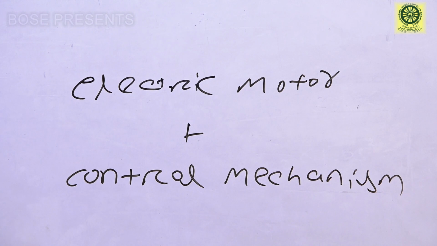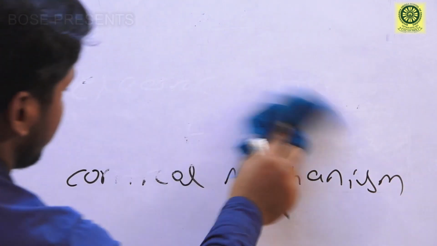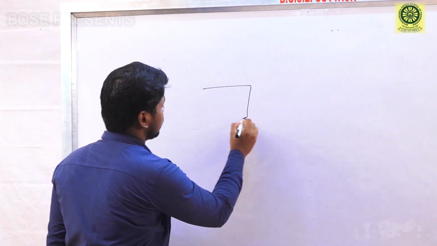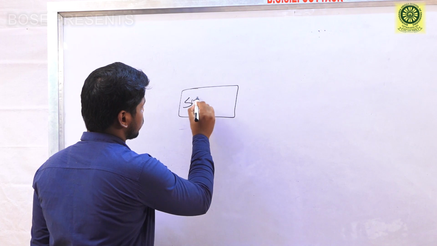So now we will go to the main parts of the electric drive. I will draw a block diagram so that you can understand easily. First of all, the main part of the drive is the source.